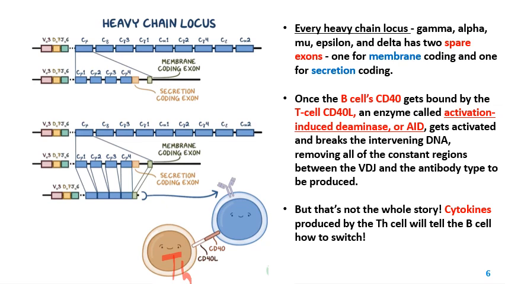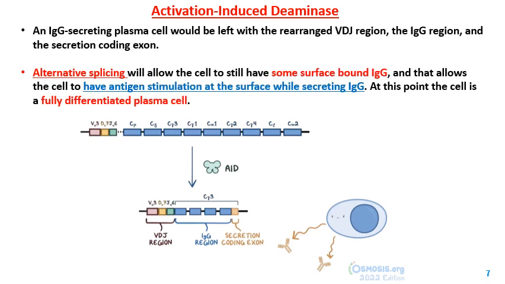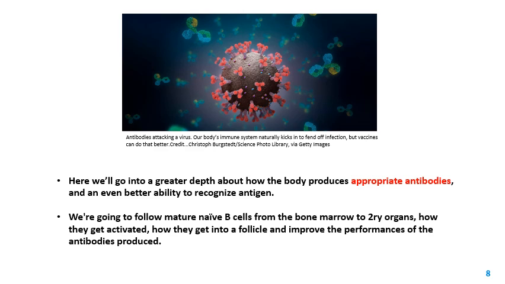And now, besides activating your AID, the T cell is going to tell your B cell what kind of antibody it has to shoot out, right? So the T cell is going to produce some cytokines. They're going to tell the B cell how to do that switch, right? So here, okay, we have seen that. I just mentioned this. All right.